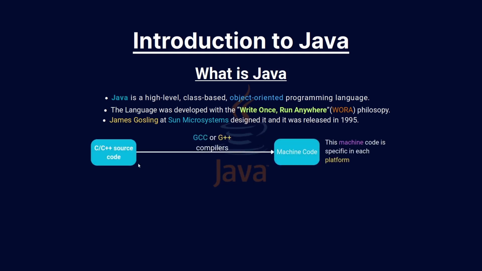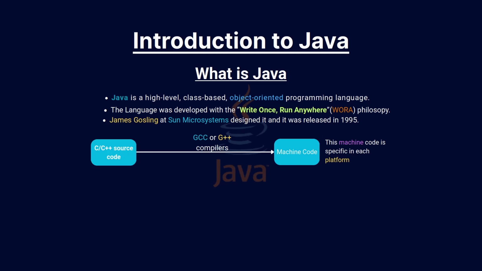Let's take an example of how a C or a C++ source code is compiled. Now when you write a C++ code and compile it into machine code, that machine code can work only on a specific platform. Let's say I'm in Windows. I've compiled my C++ source code to machine code. Now that machine code can only work on a Windows machine.